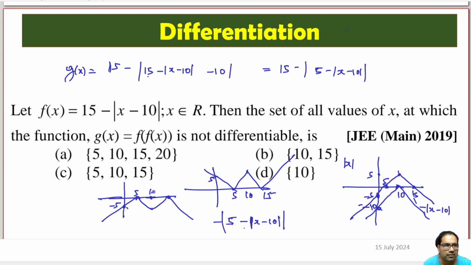This is 5, 10, and 15, and this is minus 5, right? Now this part is done, we have to add 15 to this. We have to add 15 to this, meaning the entire graph should be shifted 15 units upwards.